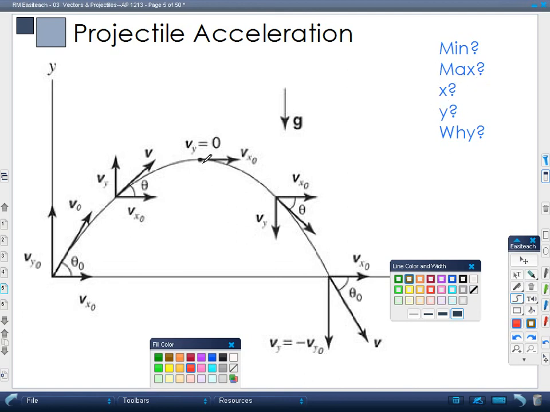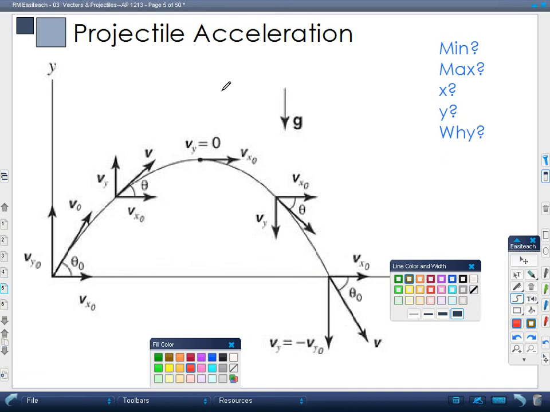The y acceleration is downward, always, 9.8 meters per second squared, downward. This represents just before it hit the ground. This represents just after it left whatever launched or threw it. And why? Because the force of gravity acts on a projectile when it is in its path.